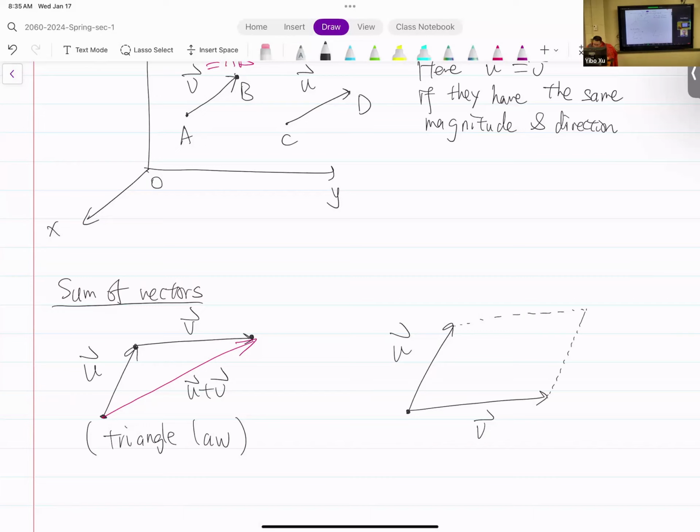And what do you know? Okay, so this vector right here actually is V, right? Because they're parallel, this vector and V have the same direction, and the magnitude is of course the same because they are opposite edges of the parallelogram. So this is V, right? So you can expect that the sum of the vectors U and V is actually the diagonal right here.